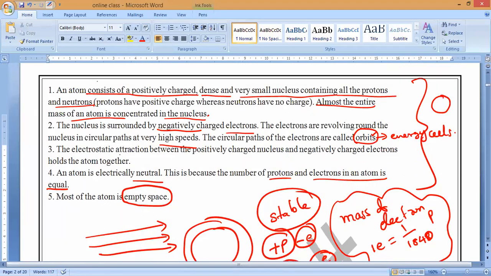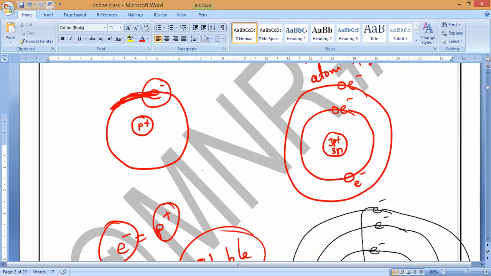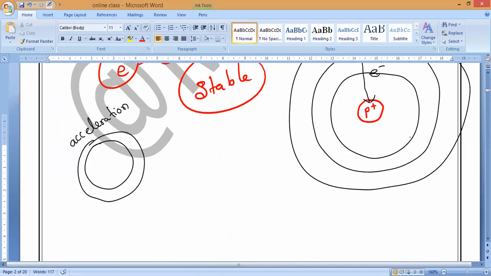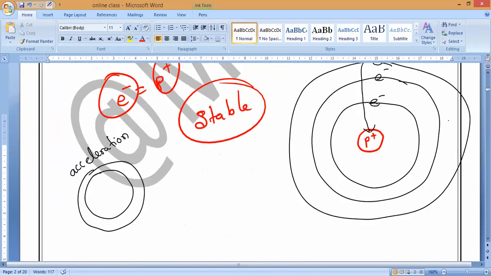The electrostatic attraction: the positively charged nucleus and negatively charged electrons hold the atom together with the help of the force of attraction acting from the center of the atom. So if the electrons are revolving continuously, always radiating and losing energy, finally they should fall into the nucleus. Yes or no? Yes, sir.